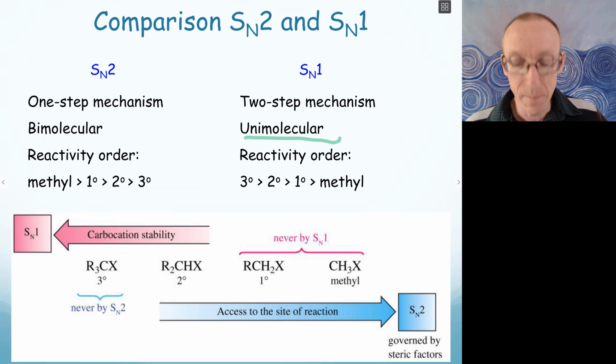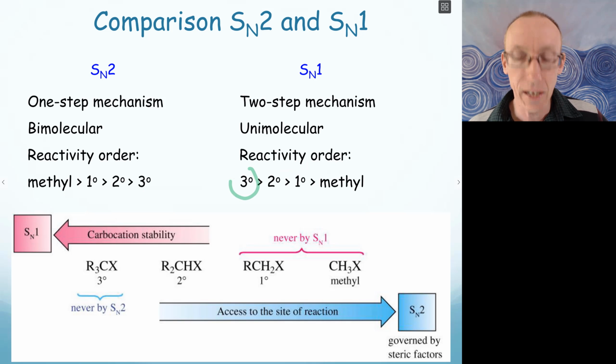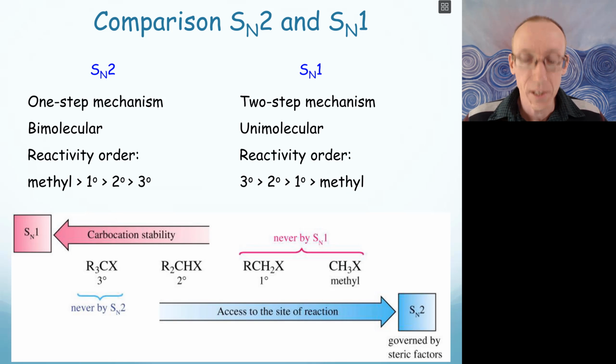It's unimolecular, meaning that the rate determining step involves only the substrate, and so the rate equation involves only the concentration of the substrate. And the reactivity order is opposite to the SN2 reaction. So tertiary haloalkanes are more reactive than secondary, are more reactive than primary, and methyl halides do not really undergo the SN1 reaction at all.